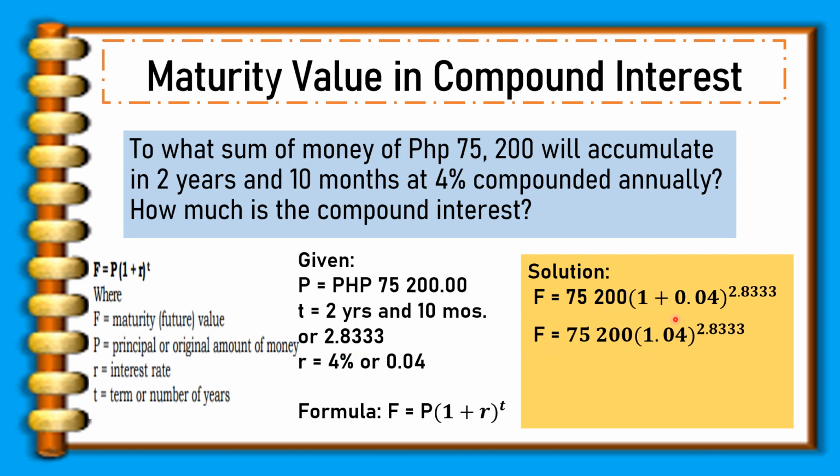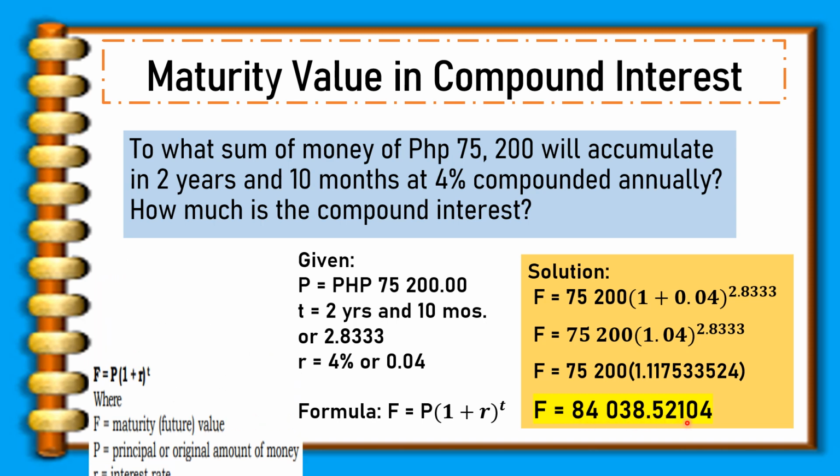And then simplify the number inside the parentheses. 1 plus 0.04 is 1.04, raised to 2.8333, and that is 1.117533524 multiplied by 75,200. It will give you the maturity value of 84,038.52104 pesos.